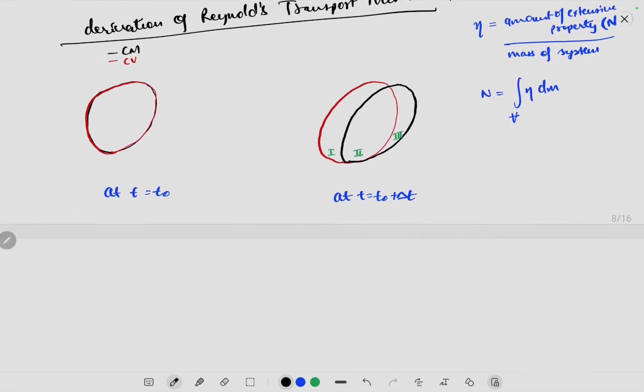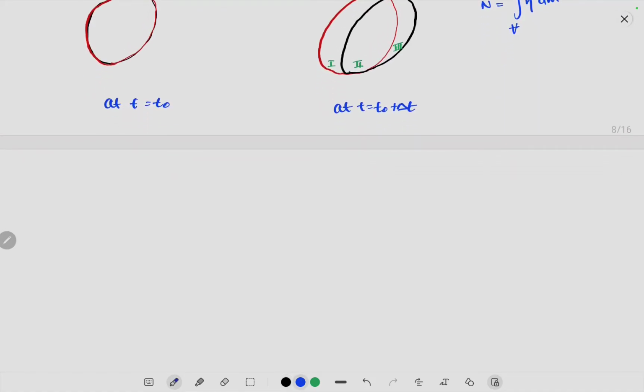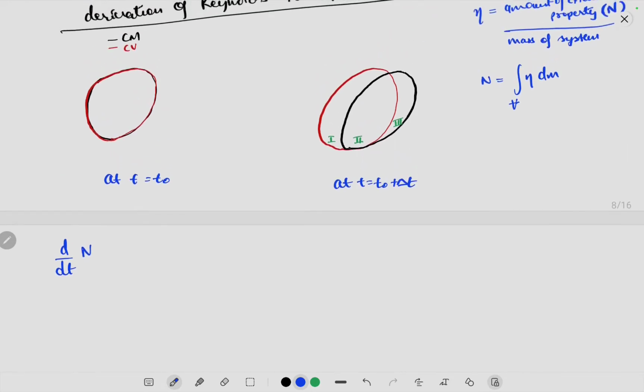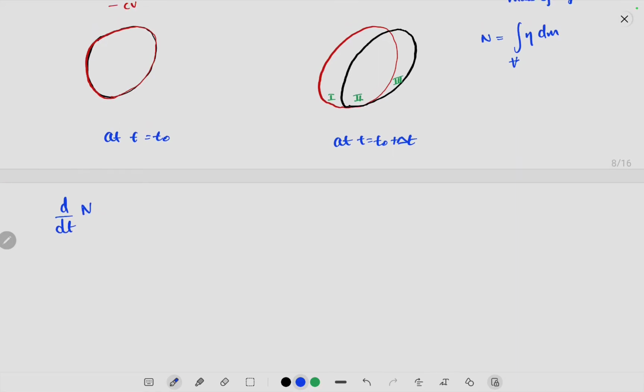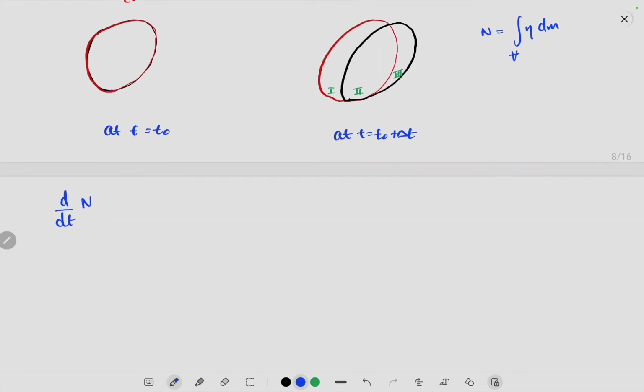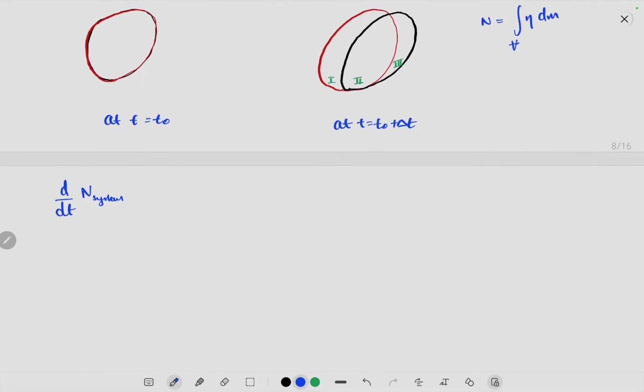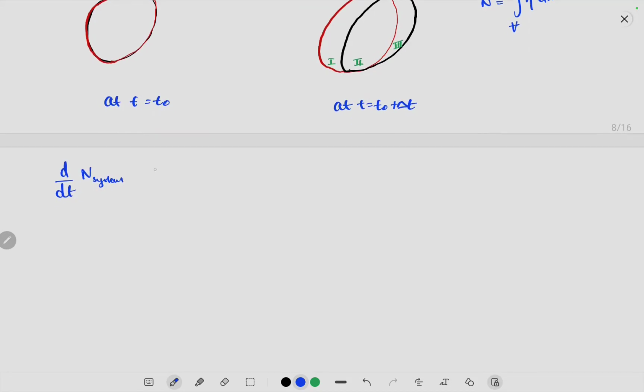Now we are interested in finding the rate of change of this extensive property N. This N corresponds to the system. So what is the rate of change of the quantity for the system? This is what we are interested in finding.